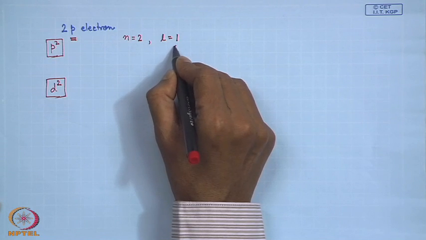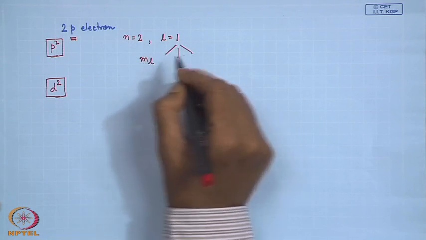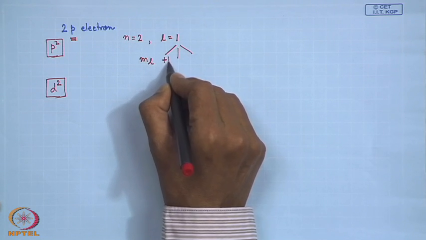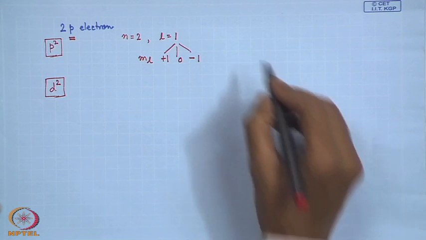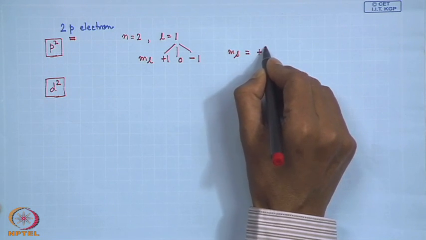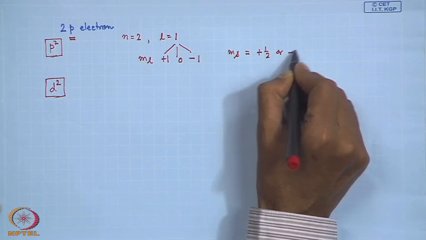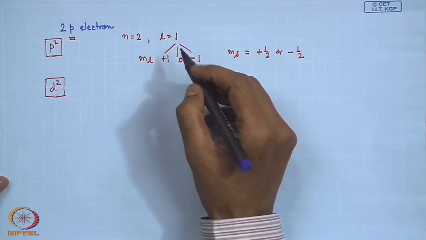So, we can have 3 different ML values: plus 1, 0 or minus 1, and MS values can be plus half or minus half. These are the different possibilities for a 2p electron.